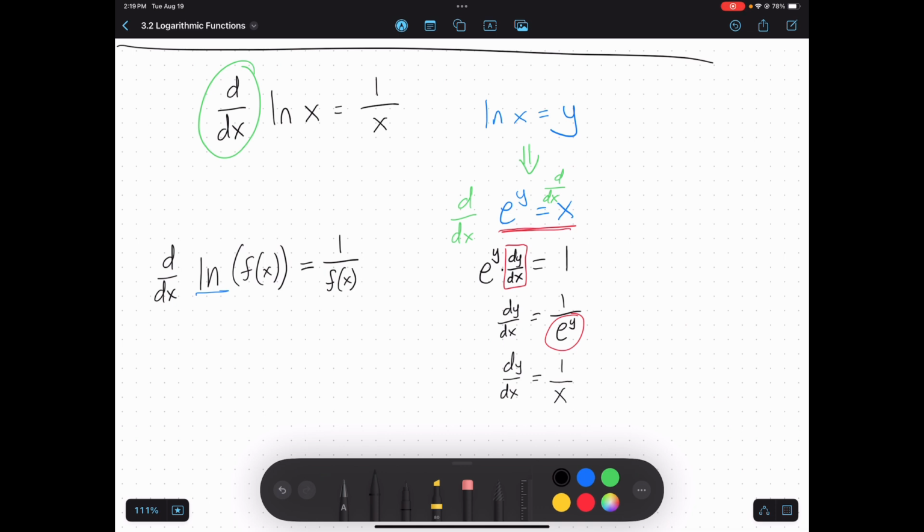But because I'm using the chain rule, what do I then have to do? I have to multiply it by the derivative of the inside function, which I can just notate as f prime of x. So if you have a function inside of your natural log function and you take the derivative, all you end up getting is the derivative of the inside function over the inside function.